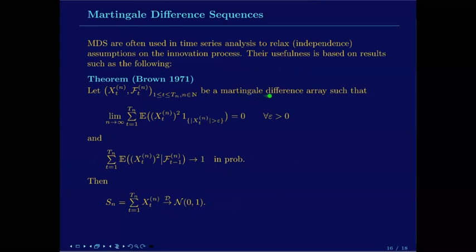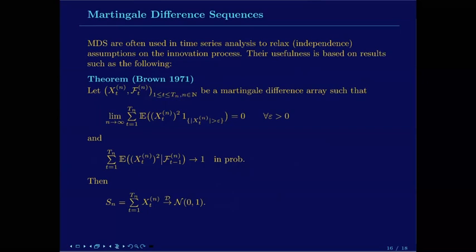So we have a martingale difference sequence, or actually an array, where in each row we have a martingale difference sequence, but these are allowed to change with an increasing index.